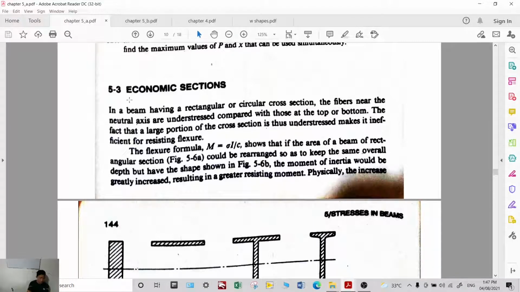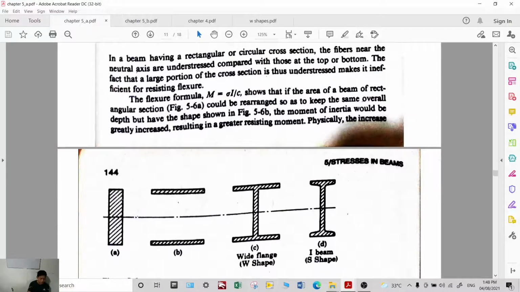On 5-3 about economic sections. In a beam having a rectangular or circular cross-section, the fibers near the neutral axis are under little stress. This is a rectangular beam, and the fibers near the neutral axis, here, experience little stress.